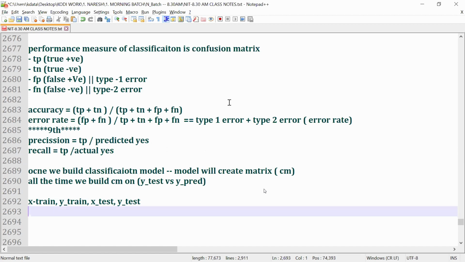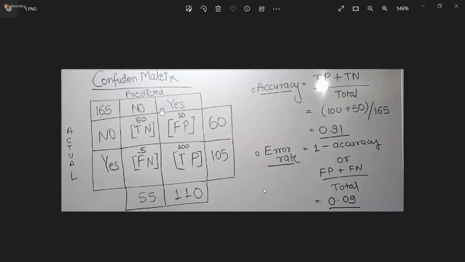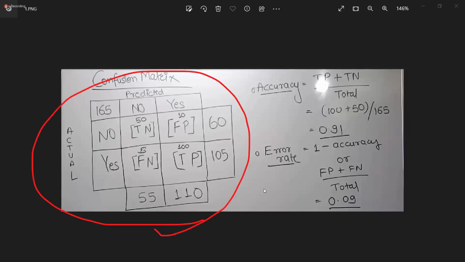All right, so yesterday we started working on confusion matrix. Isn't it? Confusion matrix has 4 parts: TP, TN, FP, and FN. This matrix we generate after building the classification model. And in this table, always look at the diagonal: TP plus TN by total gives you accuracy.